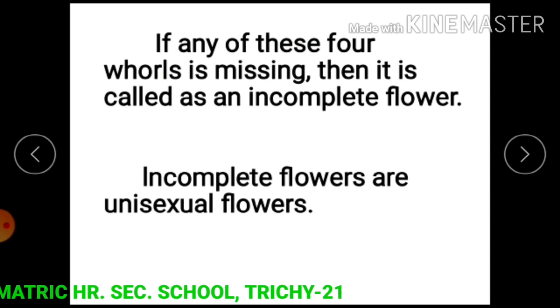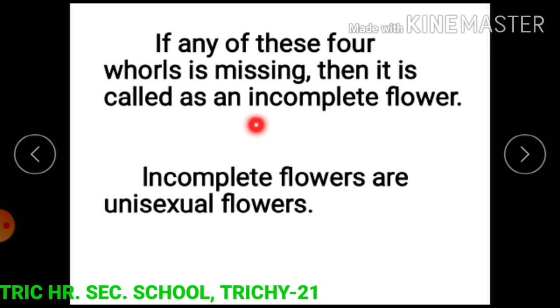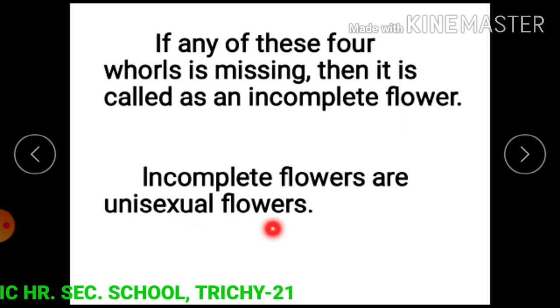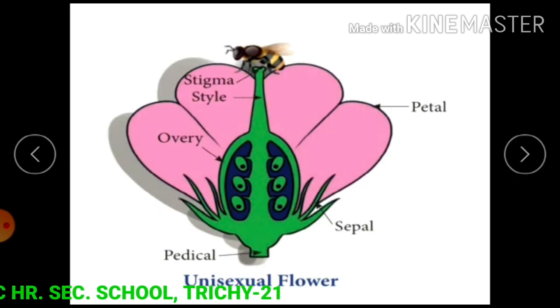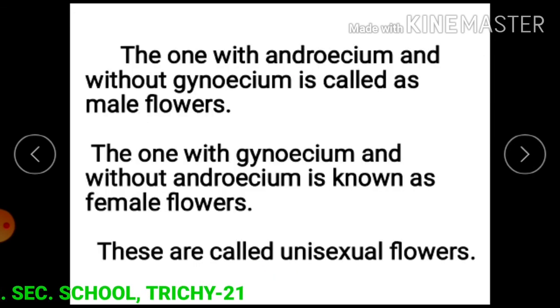If any of these four whorls is missing, then it is called an incomplete flower. Incomplete flowers are unisexual flowers. This is an incomplete flower or unisexual flower.